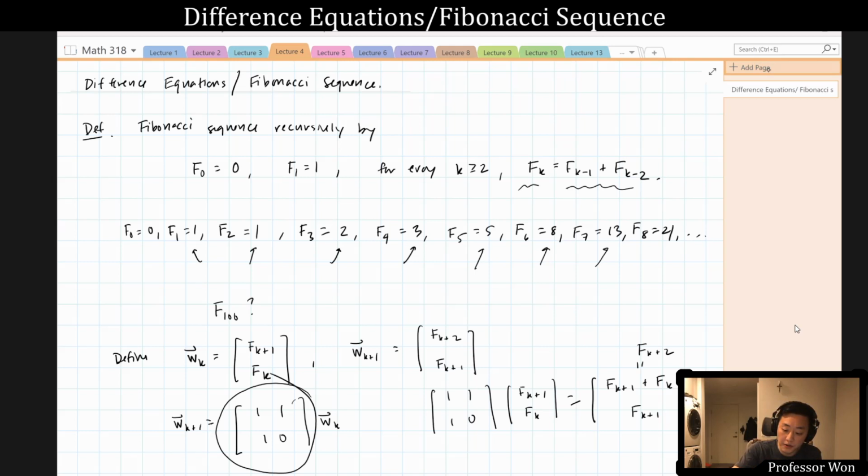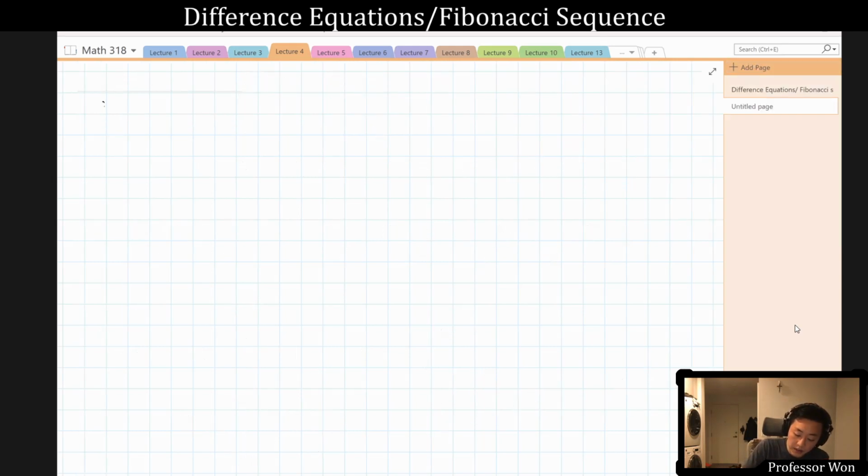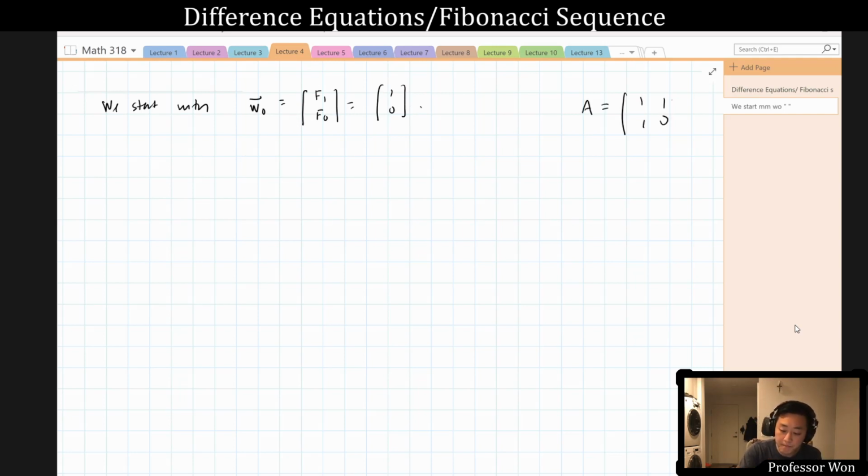Okay, so what is our initial state? So we start with w_0. This is f_1, f_0, which we said is just (1, 0). But now you multiply by A. Let me write this matrix A back here again.